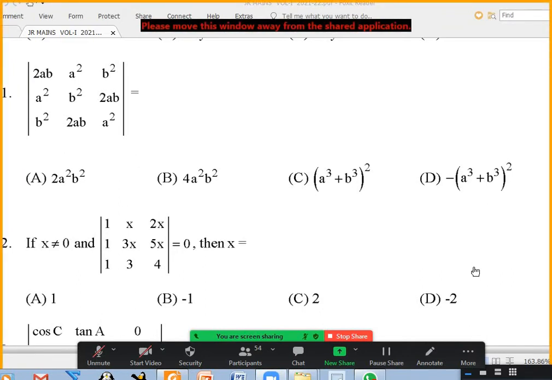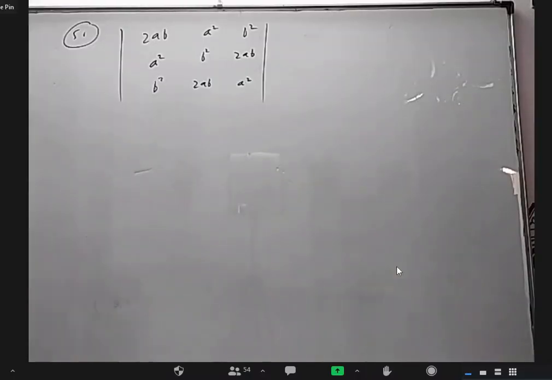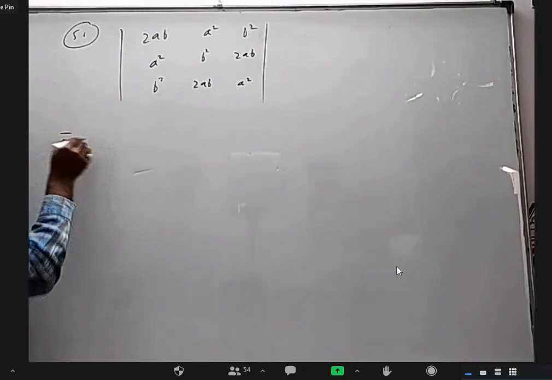So 51: 2ab, a square and b square. A square, b square, 2ab. And b square, 2ab, a square. Okay, I can just expand this straight away.